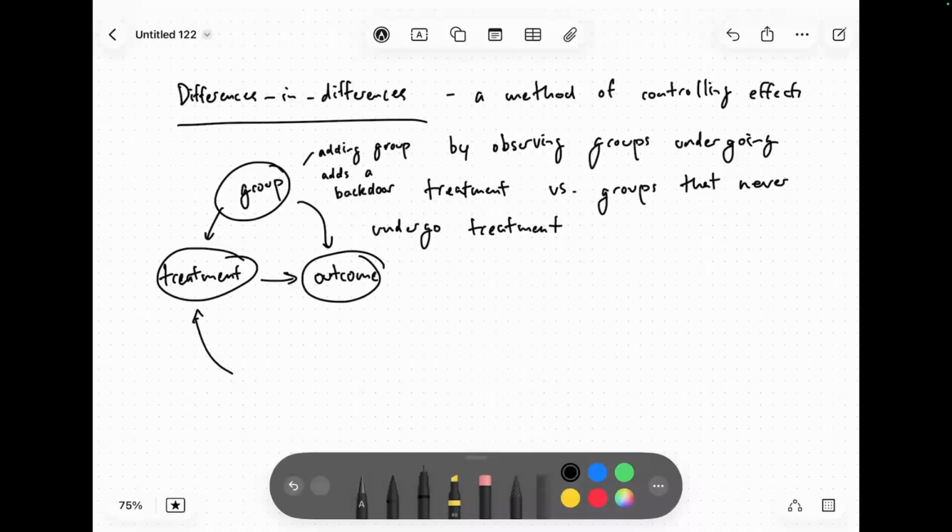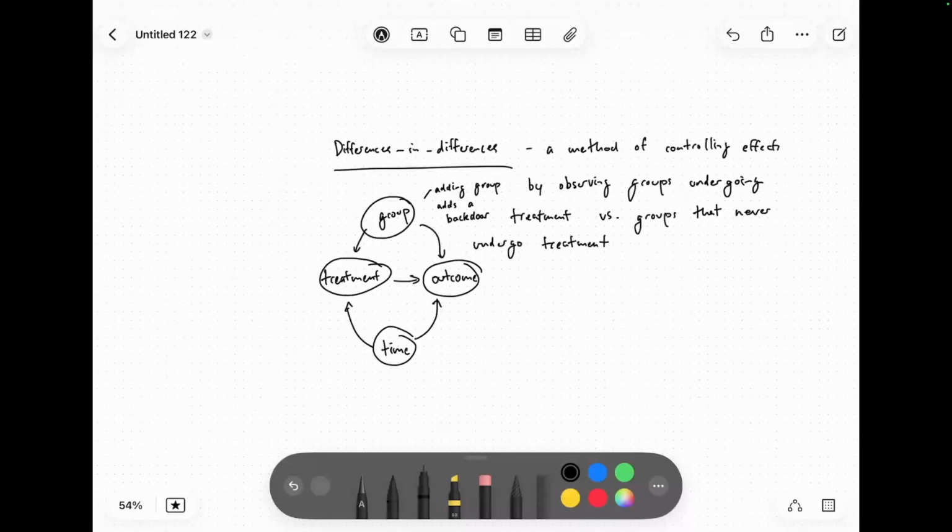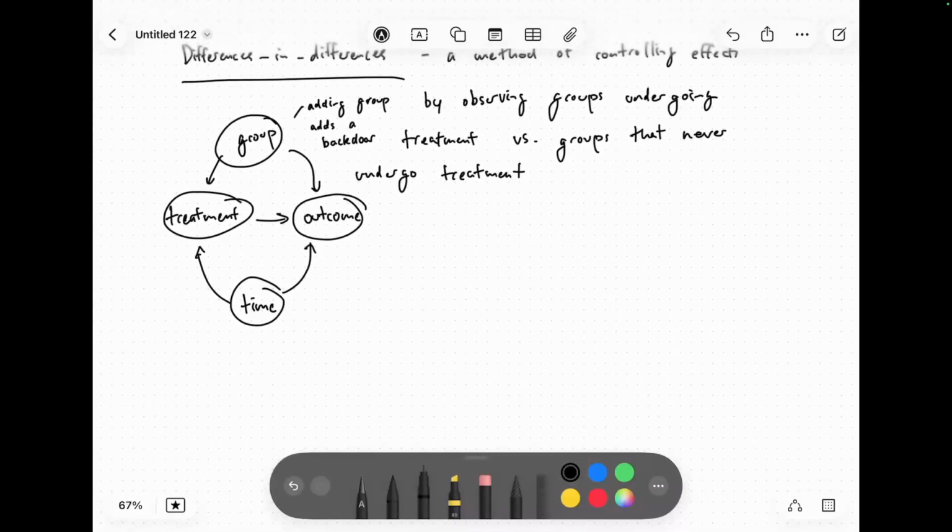And it doesn't have to be time, but oftentimes this is one of the most common dimensions that we use in our differences in differences. So I have two backdoors that I have to deal with.